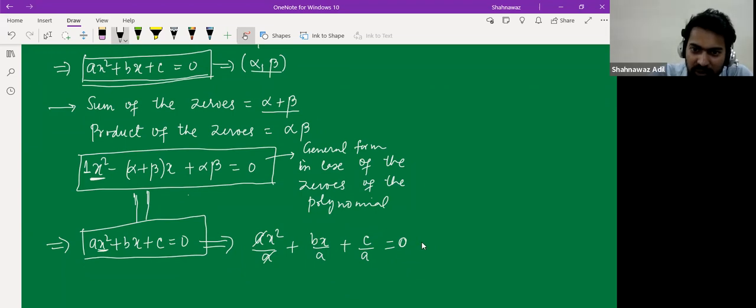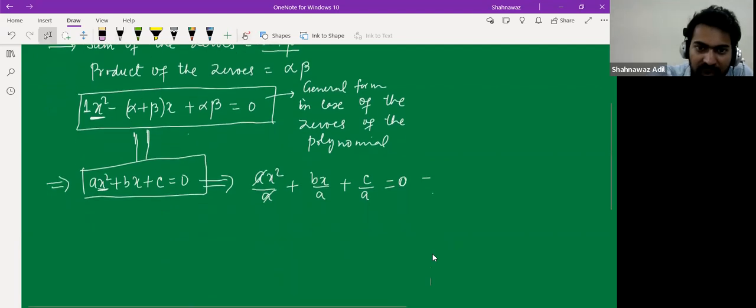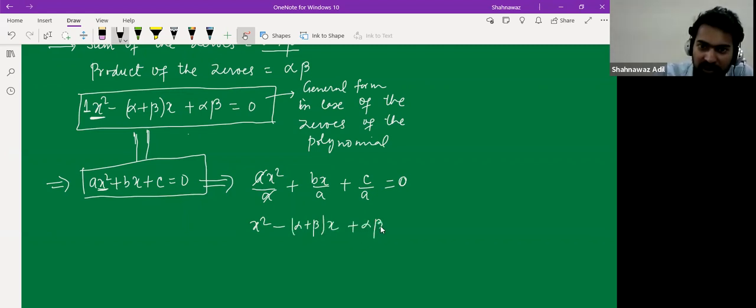So let me compare it. Let me write these sums. So x square minus (alpha plus beta) x plus alpha into beta equals 0. And let me write it more clearly: x square plus b by a x plus c by a equals 0.